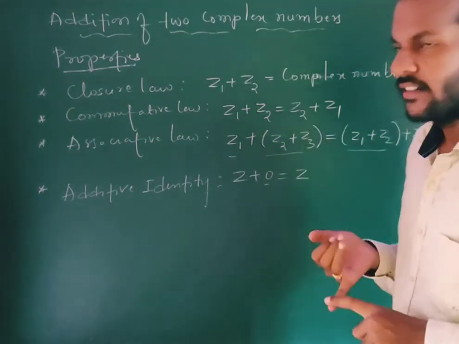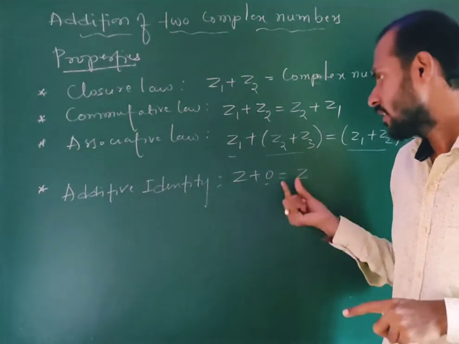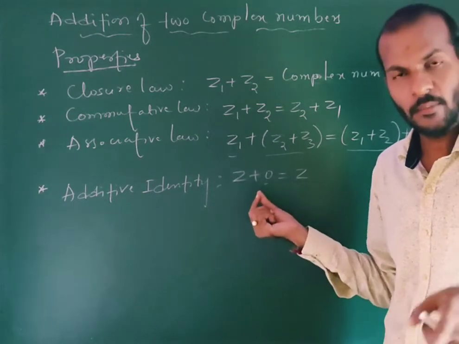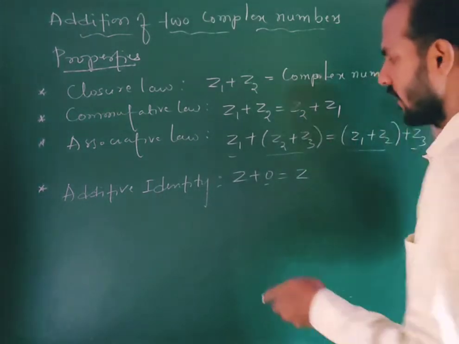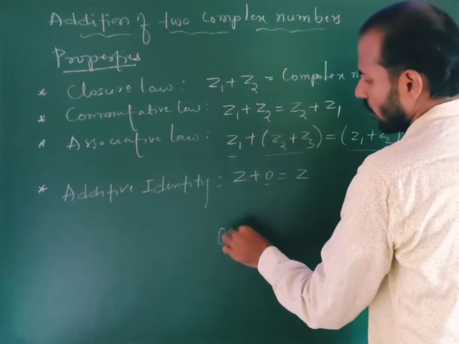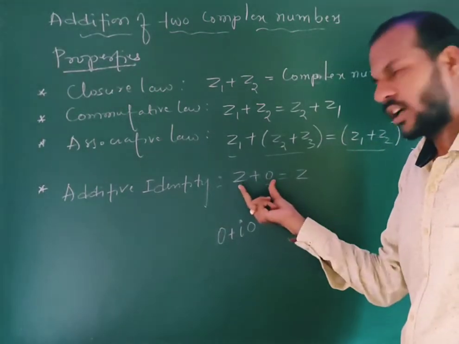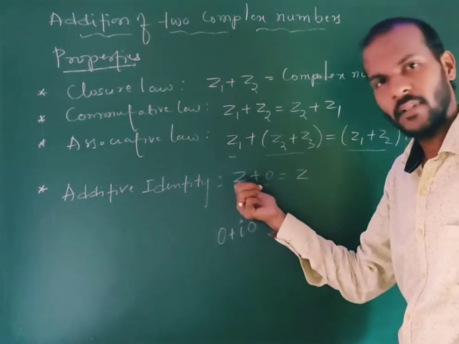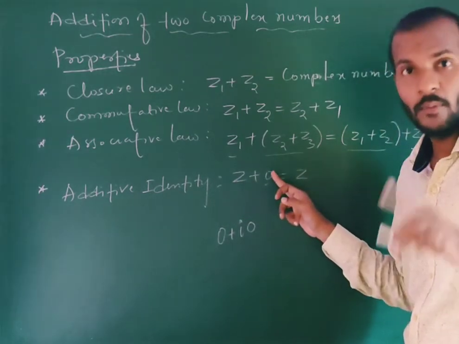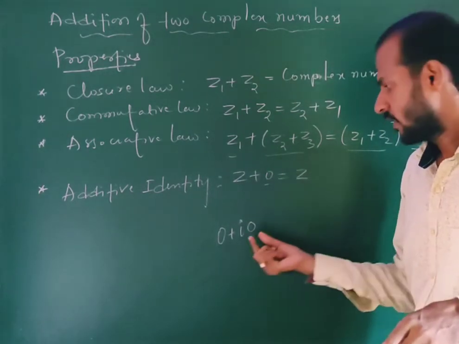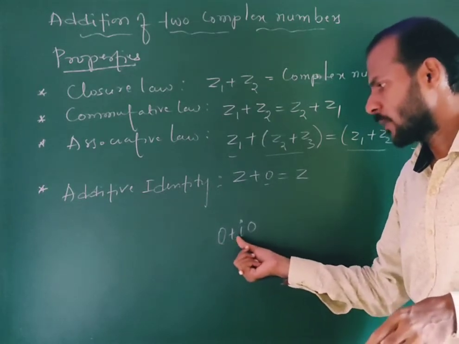If we add a complex number with a 0, 0 is nothing but a complex number here. 0 can be written as 0 plus 0i, we can write, right? Here also two complex numbers are there. Z is a complex number and 0 is also a complex number, right? Which can be written as 0 plus 0i.